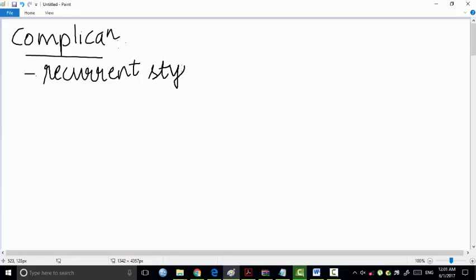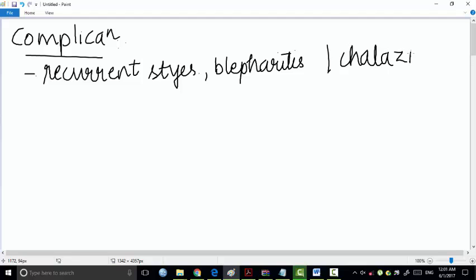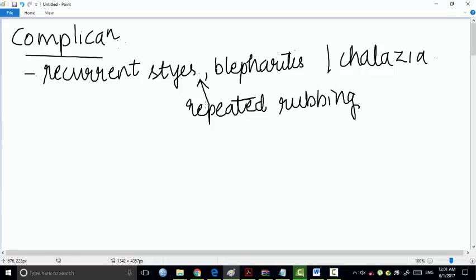Recurrent styes or blepharitis or chalazion. All these are problems which occur in the eyes, and these are mainly because of repeated rubbing. Due to eye strain symptoms, we repeatedly rub our eyes, which leads to styes, blepharitis and chalazion.